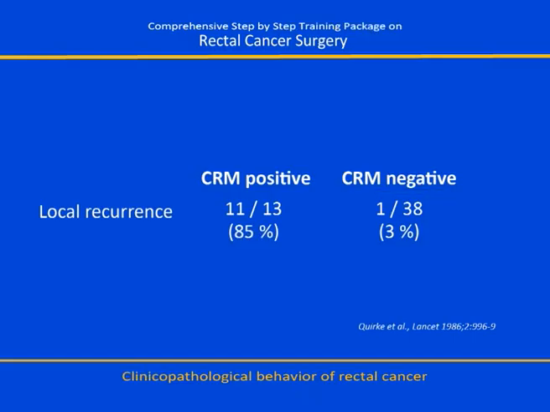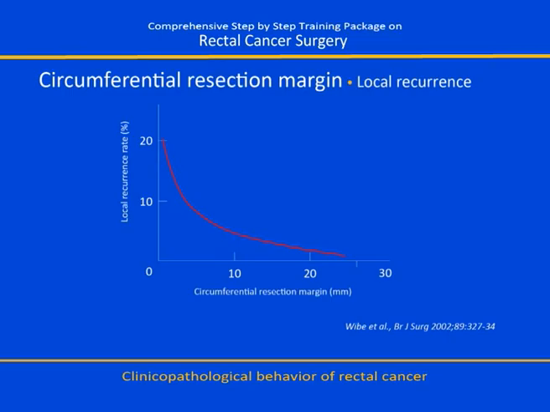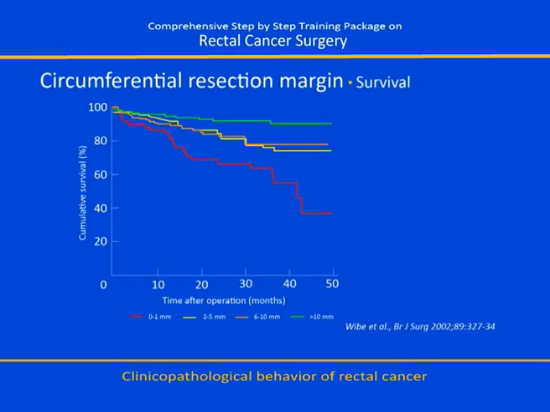Since then, the circumferential resection margin involvement rate has been regarded as the most important indicator of local recurrence after rectal cancer surgery. Here, the relation between local recurrence and circumferential margin is shown as found in the Norwegian Rectal Cancer Project. As the microscopic distance between the tumour and the circumferential margin increases, local recurrences decrease.